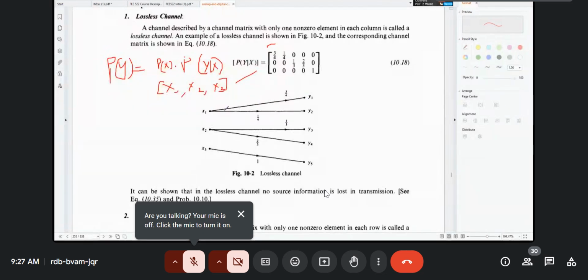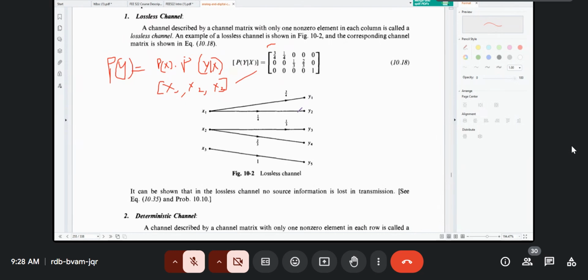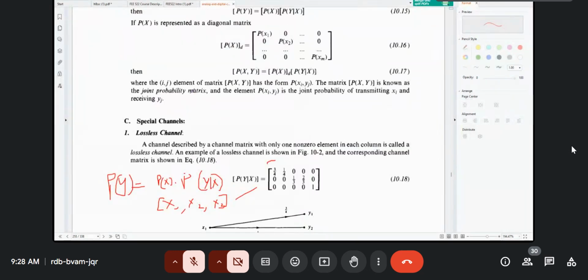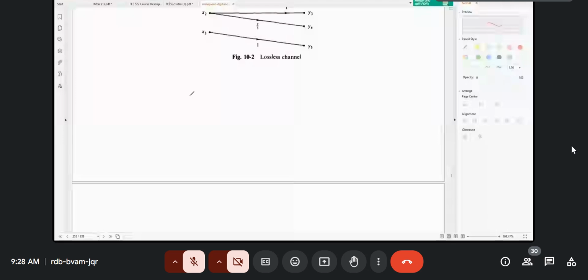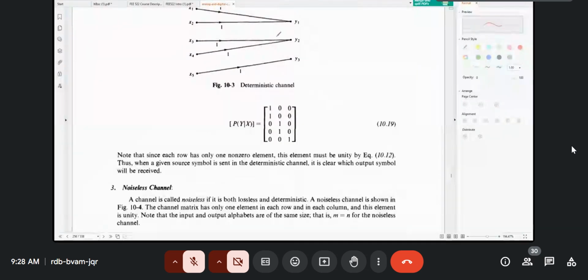Whenever you get y1, you know x1 was sent. When you get y2, you know x1 was sent. But in this other case, when you get y1, you don't know whether x1 or x2 was sent. But when you send x1, the output will be y1 with certainty.